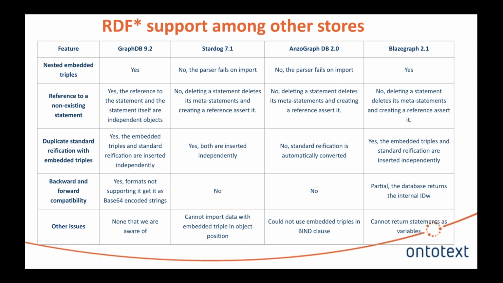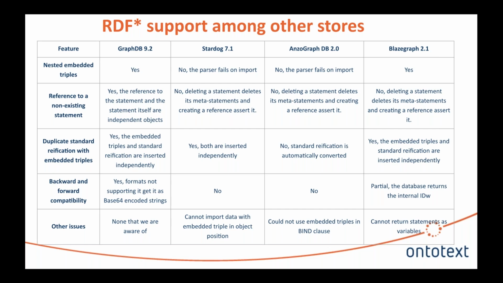Then we have the features, and obviously the comparison is that GraphDB supports nested embedded triples, so they can reference each other. This is otherwise only possible in BlazeGraph. The other vendors decided that it's probably not important and it would be confusing for users if you have nesting of embedded triples.